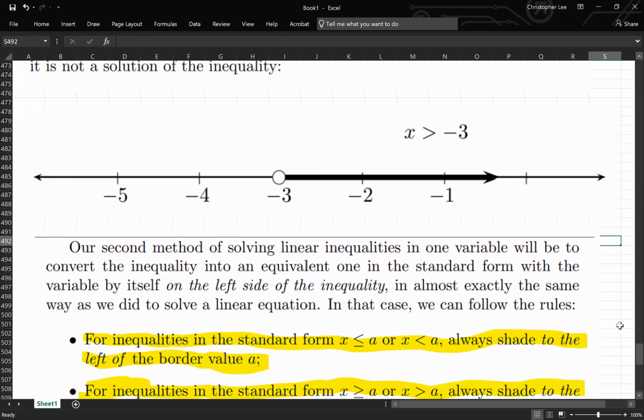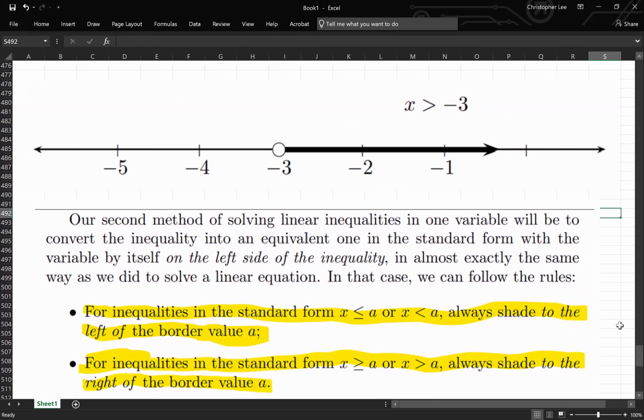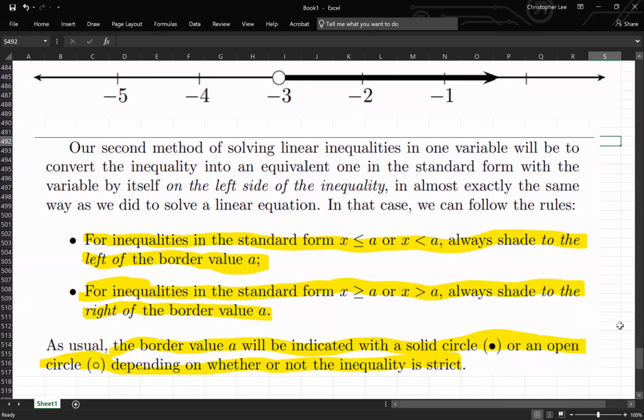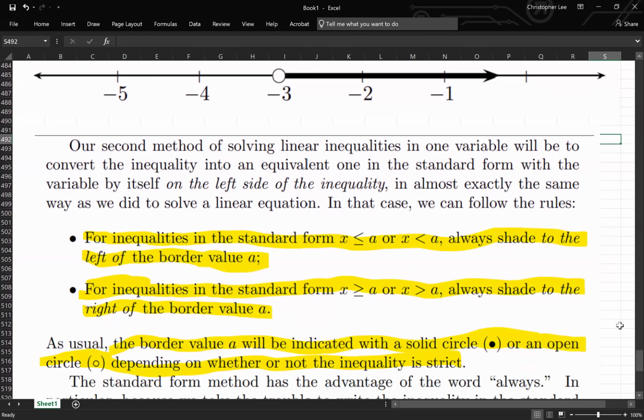For inequalities in the standard form x is less than or equal to a, or x is less than a, always shade to the left of the border value of a. For inequalities in the standard form x is greater than or equal to a, or x is greater than a, always shade to the right of the border value of a. As usual, the border value a will be indicated with a solid circle or an open circle, depending on whether or not the inequality is strict.